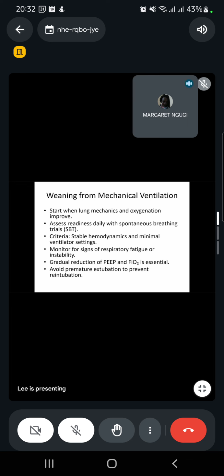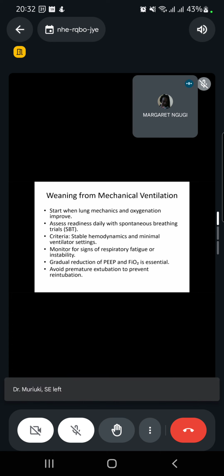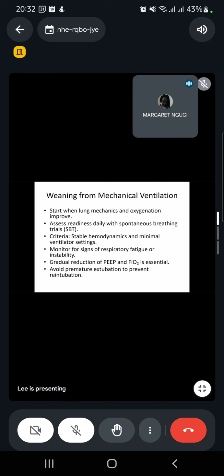If the patient has increased work of breathing while you're trying to wean, you can't wean that patient at that time. You'll be guided clinically, and it's subjective. You also gradually reduce your PEEP and FiO2, which is essential. Note, avoid premature extubation to prevent reintubation.